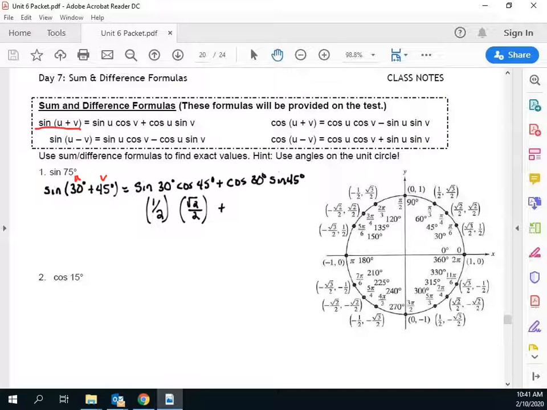Plus, well, if the sine of 30 is 1/2, what is the cosine of 30? Why do you think I asked it that way, guys? Why do you think I prefaced the value of the sine of the angle before I asked you what the cosine is?